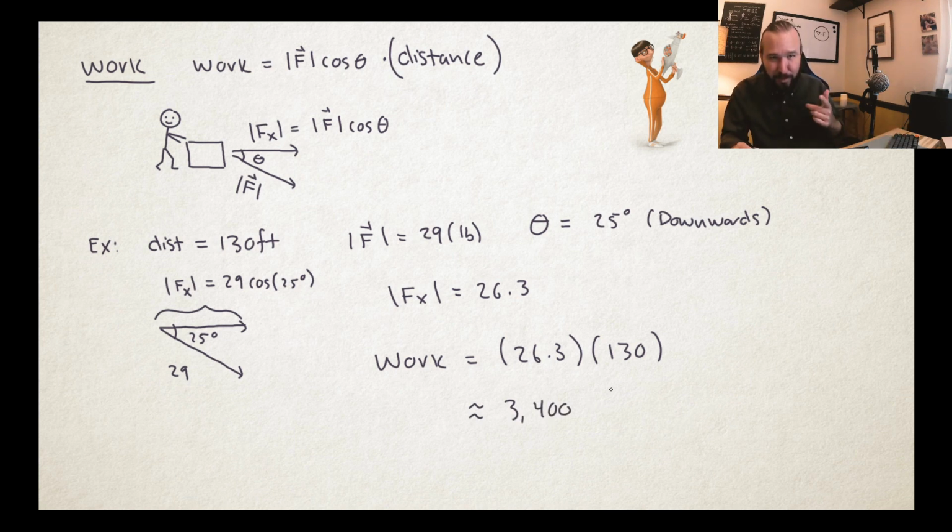And then the units of work are very strange, but these are real units. They're called foot-pounds. You multiply the units together, so that's the answer: 3,400 foot-pounds of work. So that seems like a lot of work to me. I feel sorry for Smiley Face Guy.